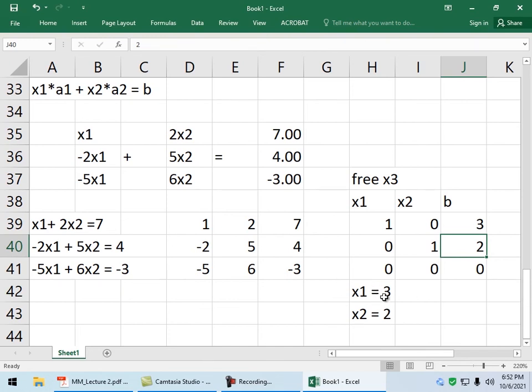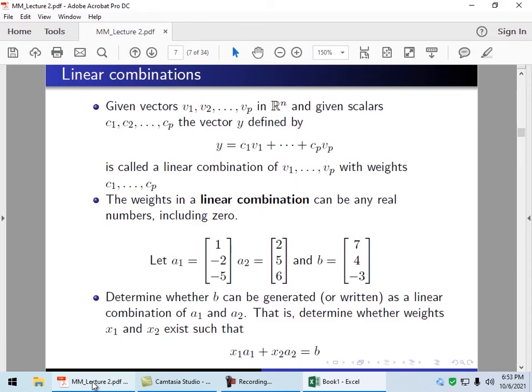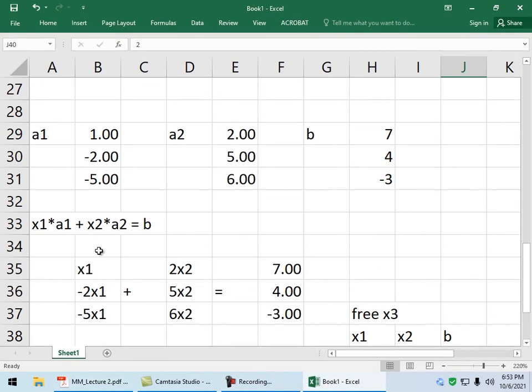So now we are able to write the answer: b can be generated as a linear combination of a1 and a2, where x1 is 3 and x2 is 2. So our initial example over here was written with 3 and 2.